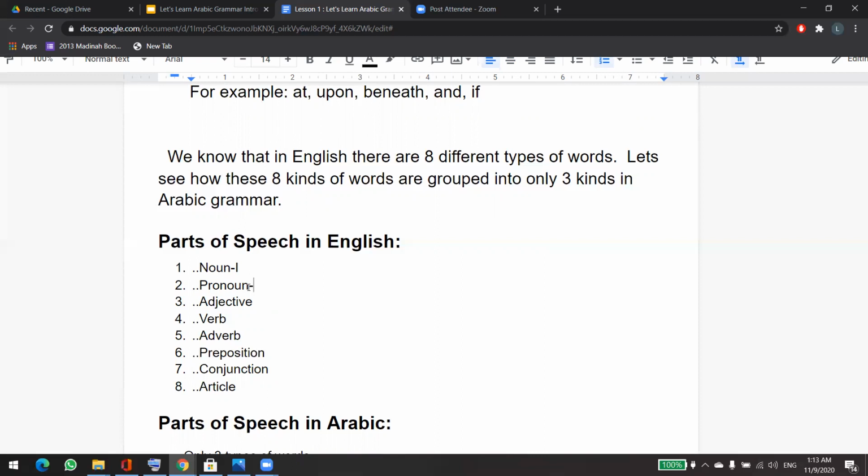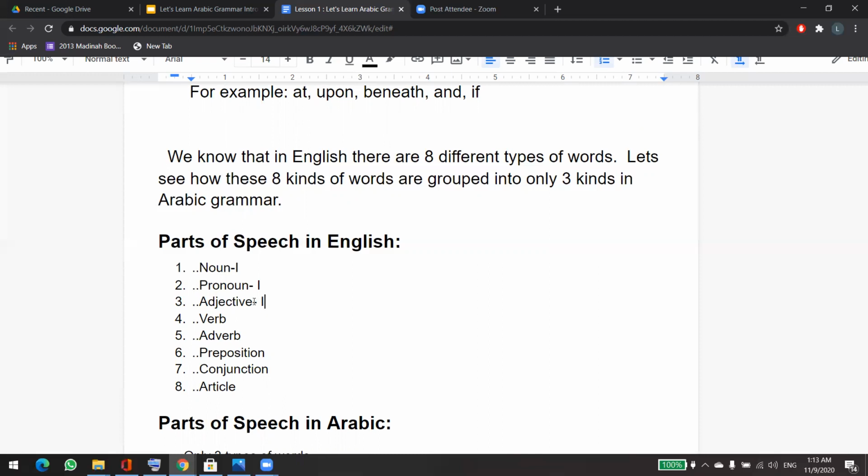So if you see a pronoun in Arabic, that's an ism. If you see the quality or the characteristic or the attribute of anything or of a person or thing, then that is also ism, which is called ism sifat. So adjectives are also ism.